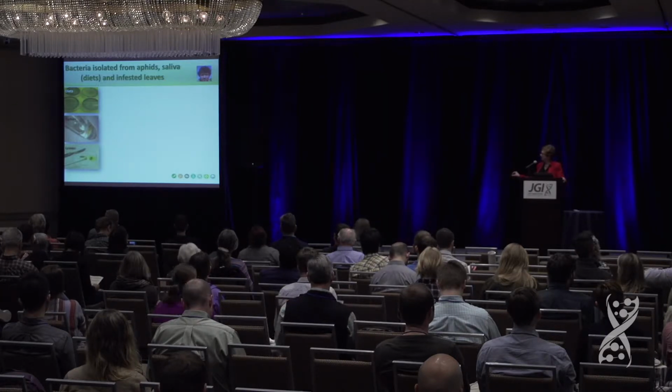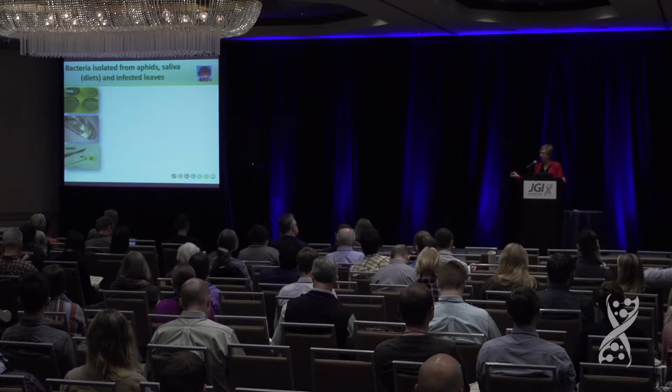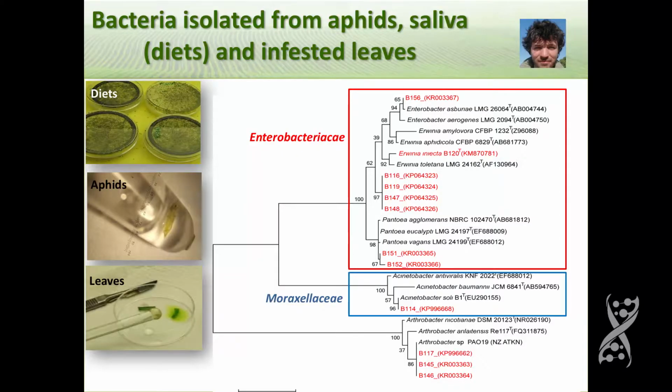So he fed aphids on the artificial diets and then looked in the artificial diets for living bacteria. He crushed aphids and looked for bacteria, culturing bacteria, and he looked at leaves that had been fed upon by the aphids for bacteria. And sure enough, we were able to identify a whole group of bacteria by culturing.